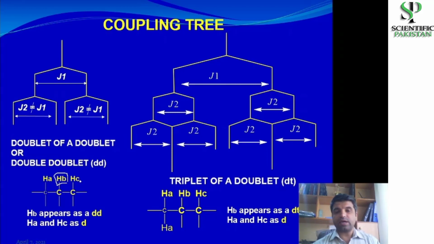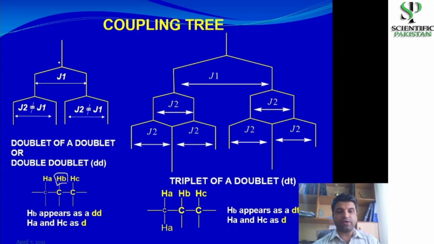Now you can see that I have labeled them differently, which means that all of the 3 protons are magnetically inequivalent to each other. So HB will be split by HA, and HB will also be split by HC. But because HA and HC are magnetically inequivalent, the magnitude of splitting because of A and C would be different for B. So let's see this scenario.